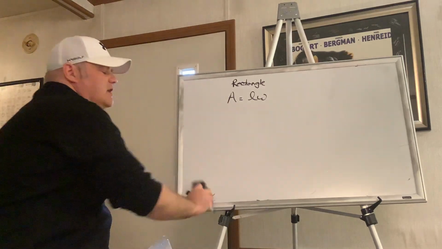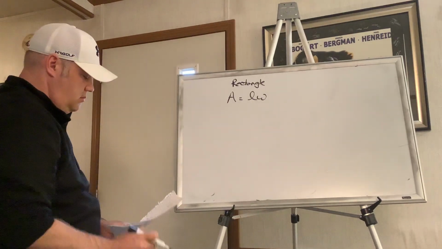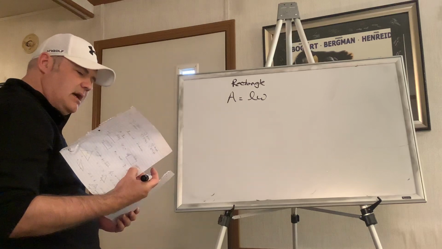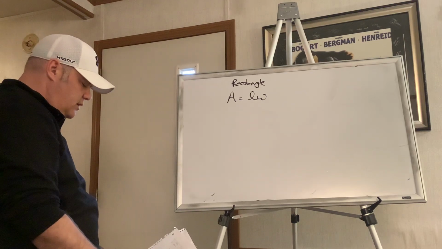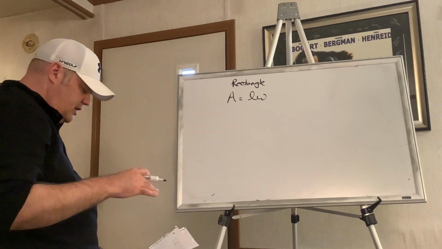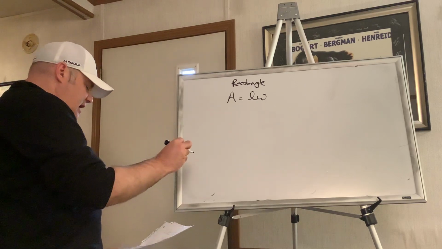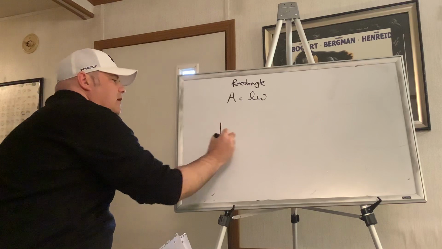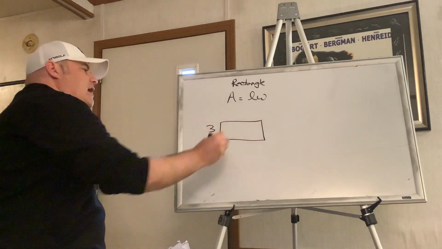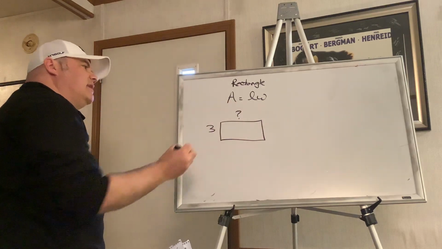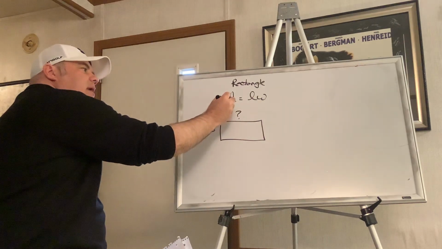One little thing on this, and I probably won't put this on your assignment, but it is good to know, just like we did the manipulation of formulas yesterday. Let's say they gave you a rectangle and they only gave you one measurement and left the other one out, but they told you your answer.